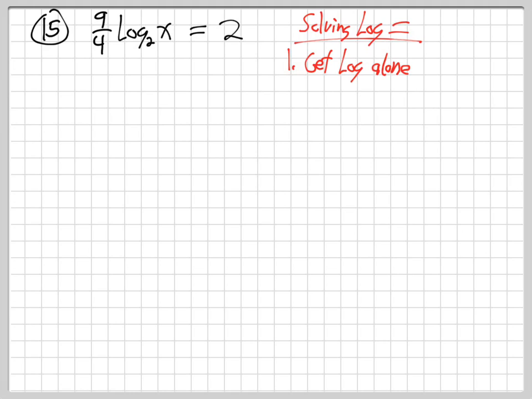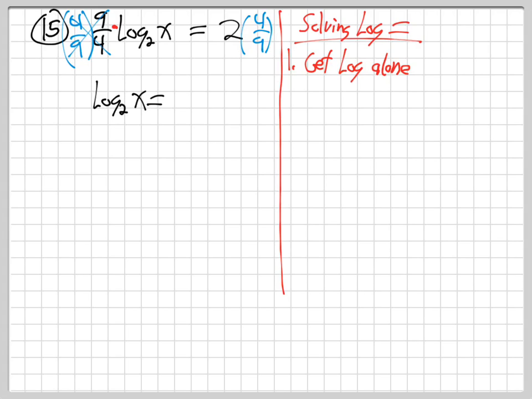Nope, he's got a 9/4. Now, can I subtract that 9/4? No, it's not added. That 9/4 is times. It's right next to the log with no symbol. We know that means times. So to get rid of that 9/4, we're going to have to multiply by the upside down. 4/9. So cancel the 4s and the 9s. That'll put the log alone.